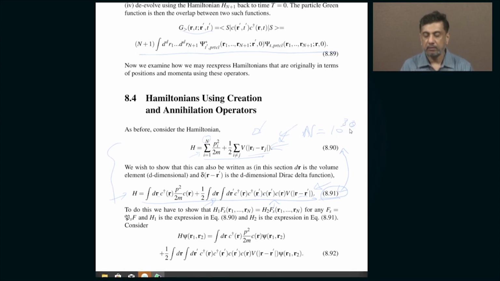So this Hamiltonian has that many electrons and that many r vectors, r1, r2 up to 10 raised to 30 r's. But then this is formidably unwieldy.